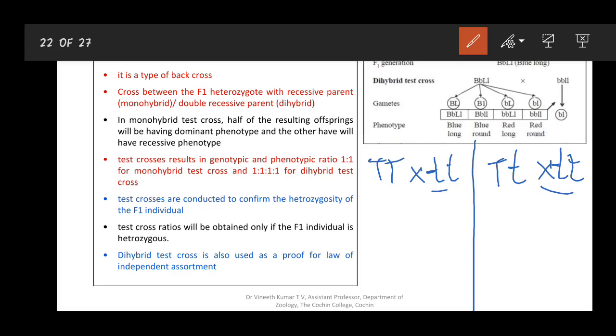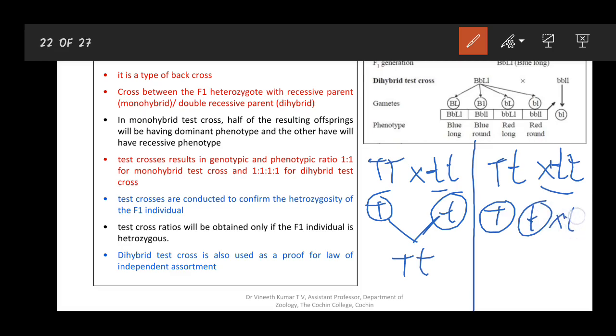So what happens here is, I have these gametes, and I get all tall plants here. So this is one possibility. And if I do it like this, I have a small t and a small t here.